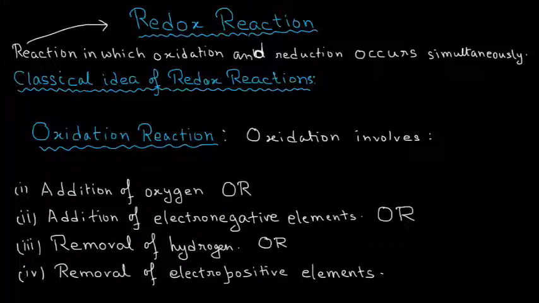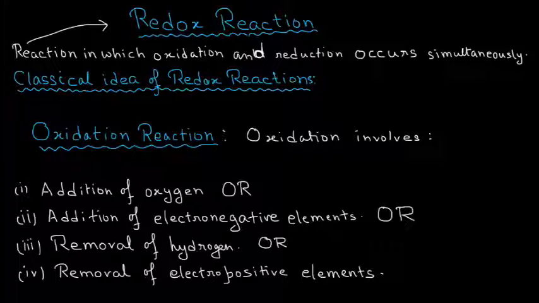So we have many ideas. One of the ideas is the classical idea of redox reaction. So according to the classical idea, let us see what are the definitions given. So what is oxidation as per the classical idea? Remember, very simple, oxidation means addition of oxygen.